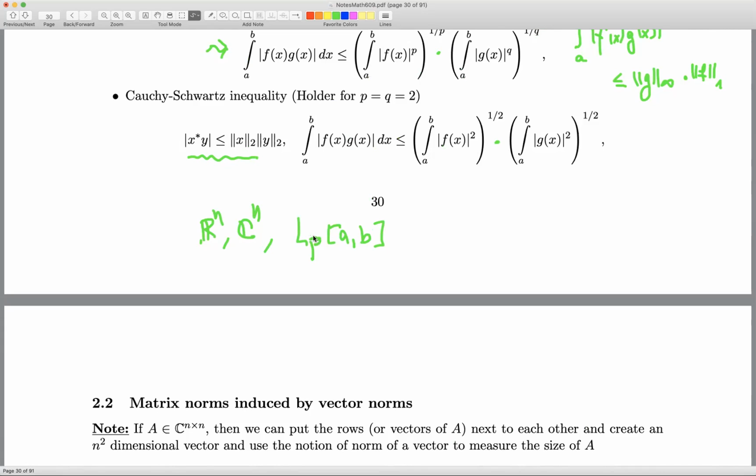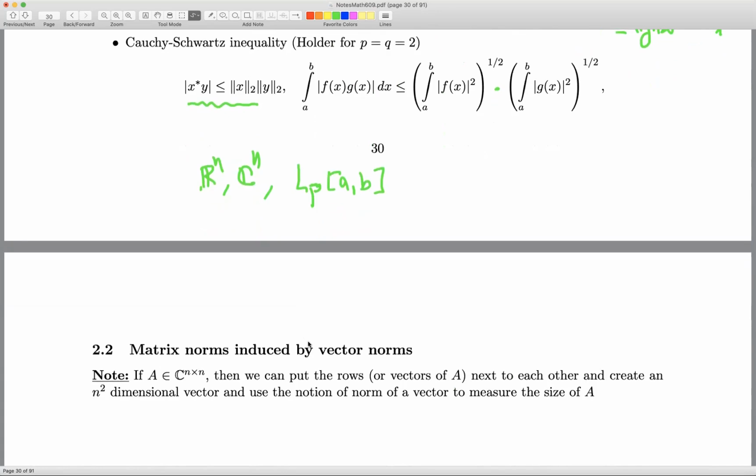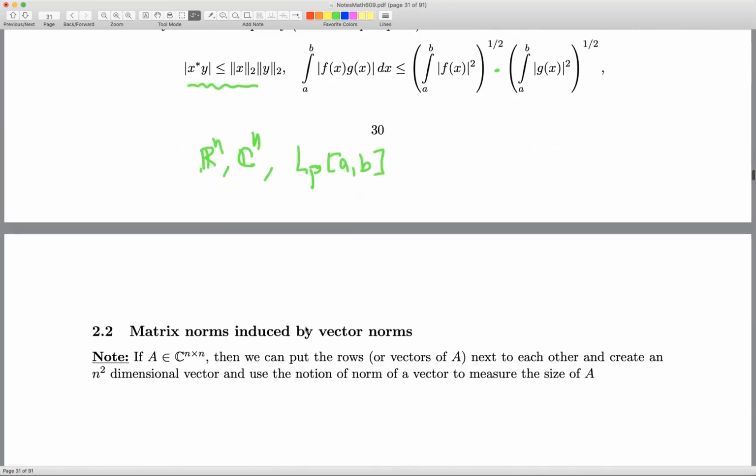What is left is to show that we can introduce those also for matrices. And the way to introduce the norms for matrices is similar to the way people introduce it for linear operators.